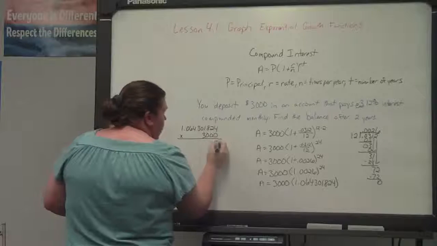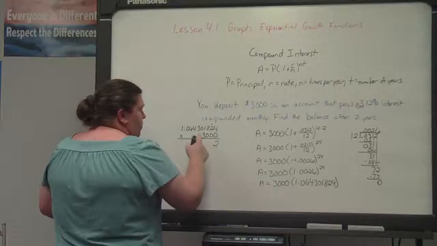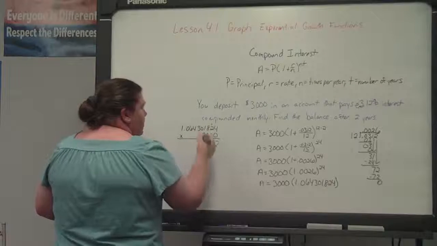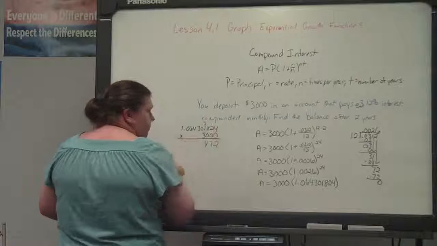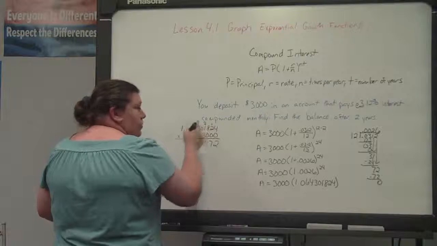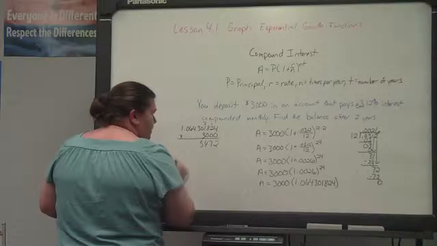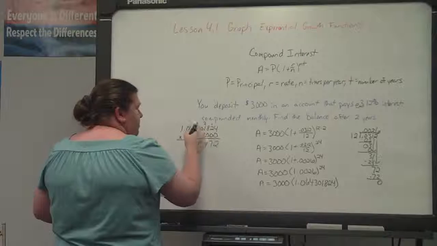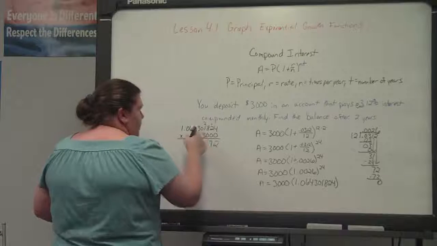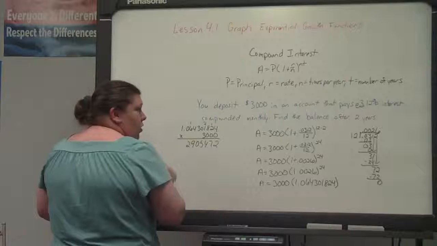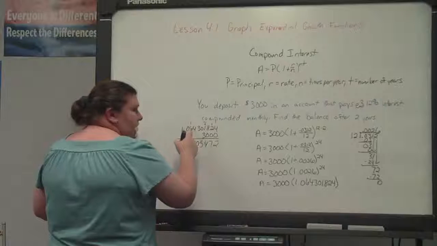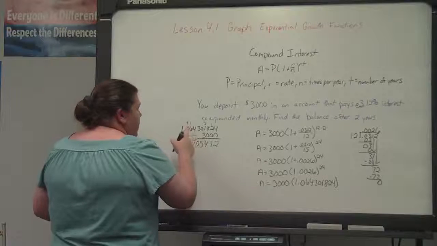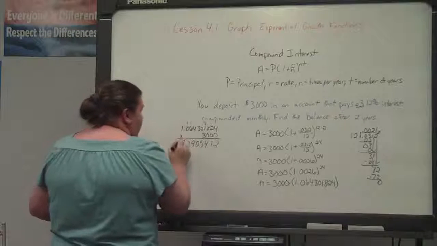3 times 4 is 12, carry the 1. 3 times 2 is 6, add my 1, which is 7. 3 times 8 is 24, carry my 2. 3 times 1 is 3, plus 2 gives me 5. 3 times 0 is 0. 3 times 3 is 9. 3 times 4 is 12, carry my 1. 3 times 6 is 18, plus 1 is 19, carry my 1. 3 times 0 is 0, but add 1 gives me 1.